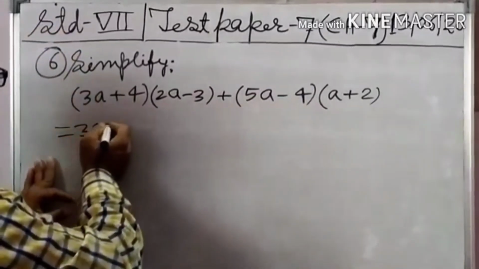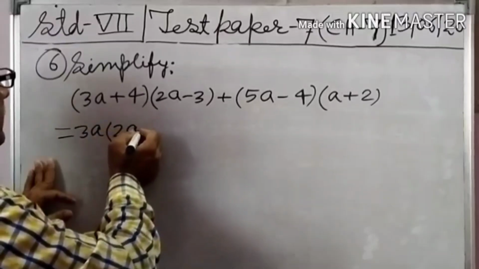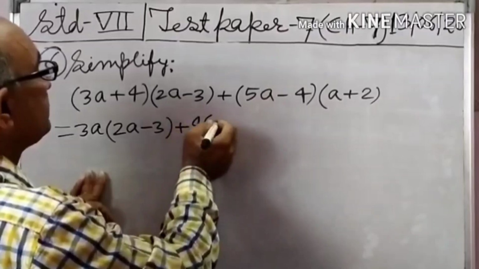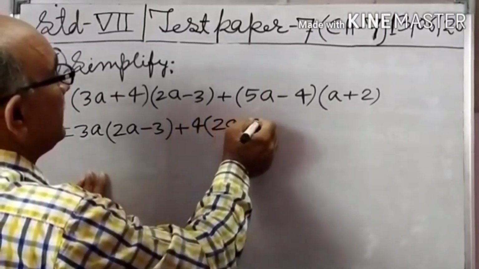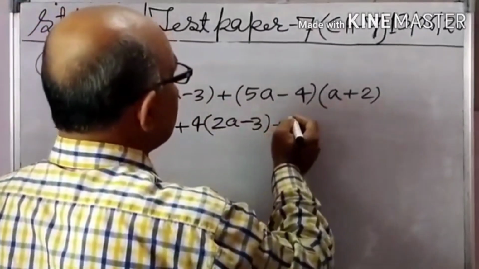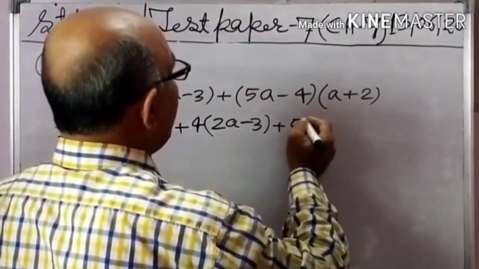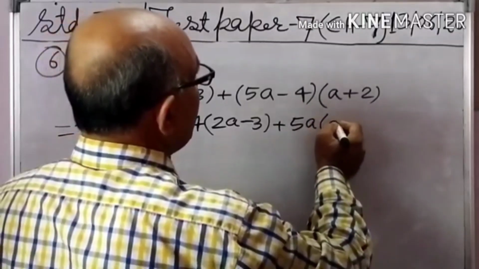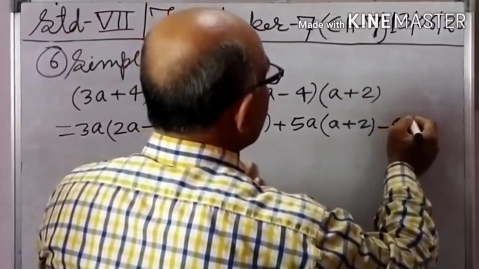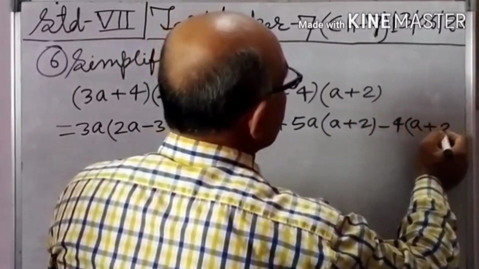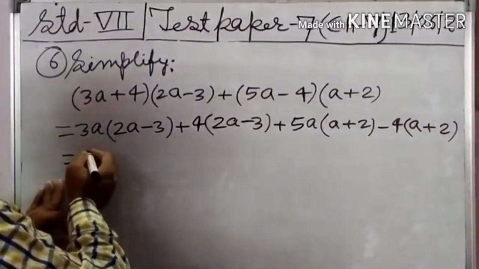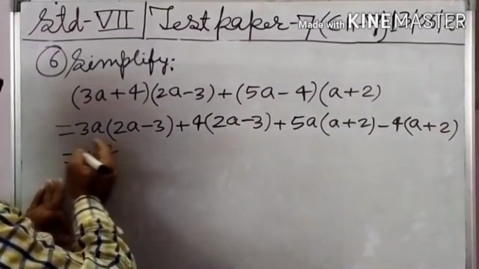Write it: 3a into 2a minus 3, plus 4 into 2a minus 3, plus 5a into a plus 2, minus 4 into a plus 2.